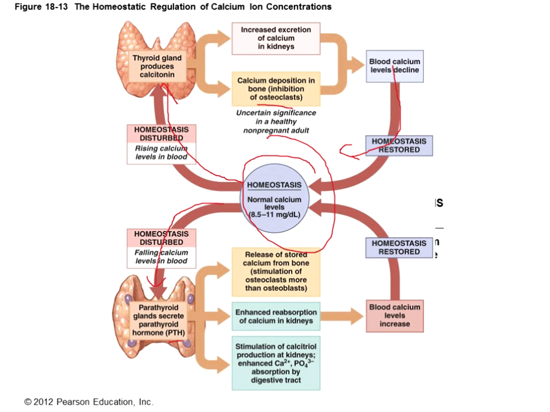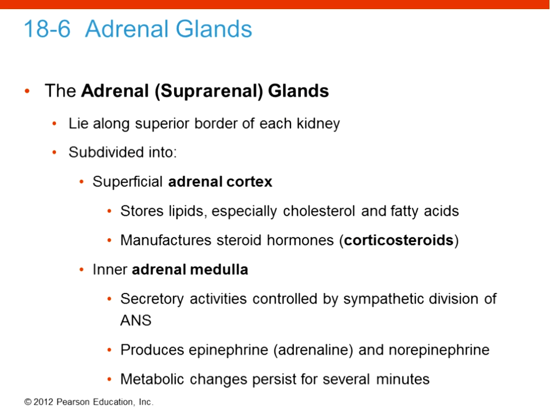PTH is then going to stimulate osteoclasts to break down the bone and release more calcium, maybe absorb more calcium in the diet and lose less at the kidneys, and ultimately your blood calcium is going to come back up. And so that's a nice homeostatic process, and they're working in opposition to one another to achieve homeostasis. All right, so that's the parathyroid gland.